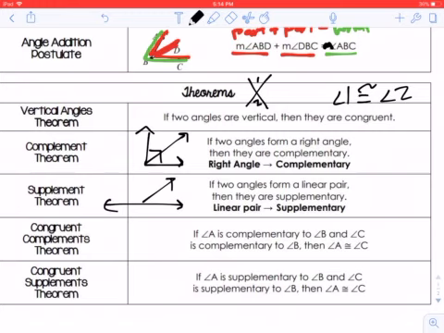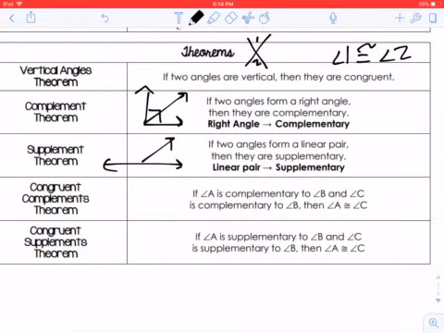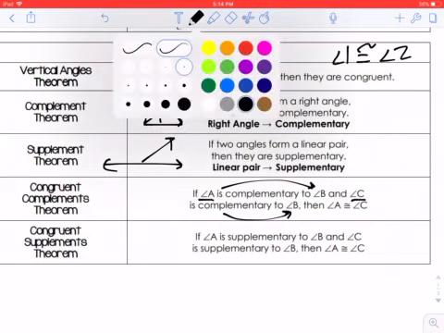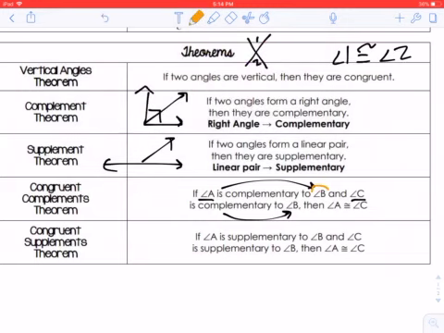All right, now the congruent complements theorem and the congruent supplements theorem, these are sort of like the transitive property. Let's talk about why. So if A is complementary to B and C is complementary to B, what's going on here? We've got both of these angles, A and C, complementary to the same thing.